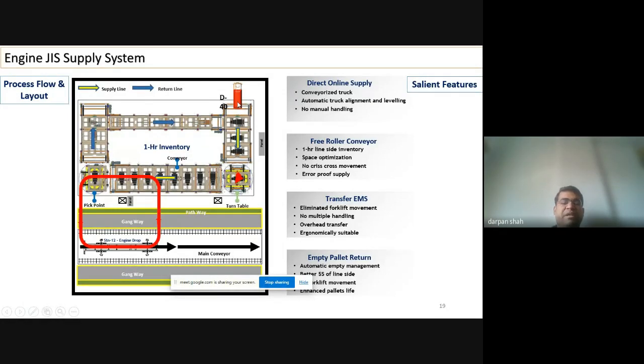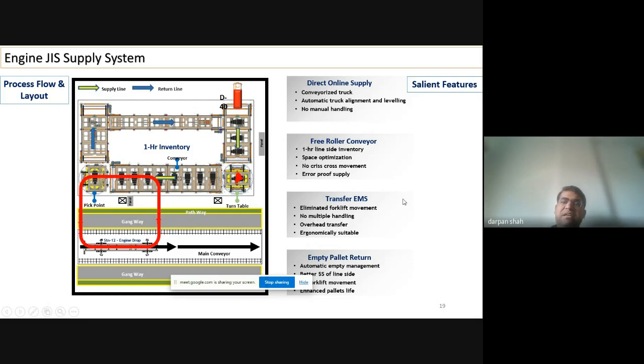There is no manual intervention in between, and then these engines are unloaded onto a conveyor, and there is an overhead supply aluminum track based hoist system, which is used to supply from pickup point to the assembly line where the frame or the chassis is available.